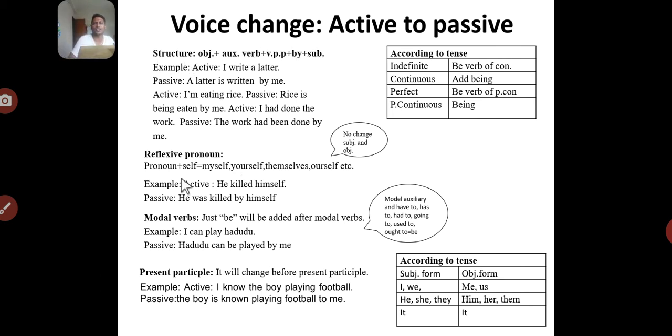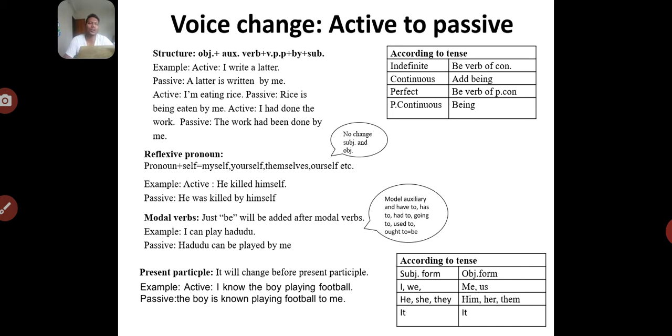And the next rule is reflexive pronoun. What is a reflexive pronoun? When a pronoun takes self, it will be a reflexive pronoun. For example, myself, yourself, herself, themselves, ourselves, etc. When we get a reflexive pronoun in a sentence, we do not change subject or object.